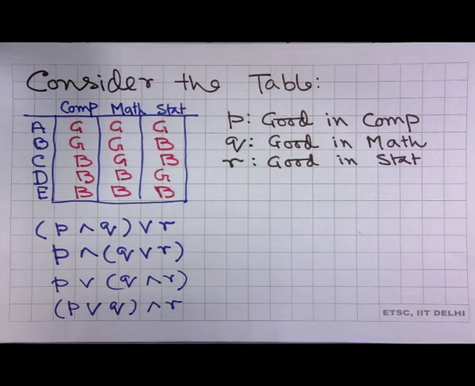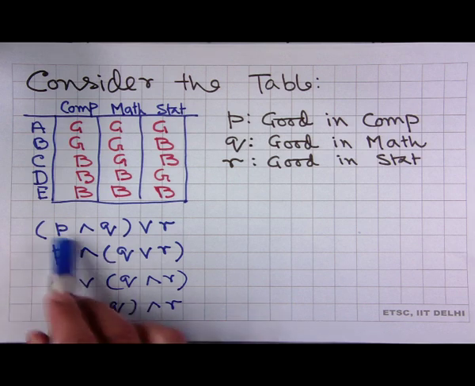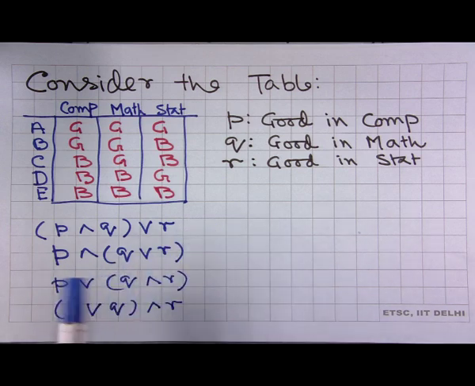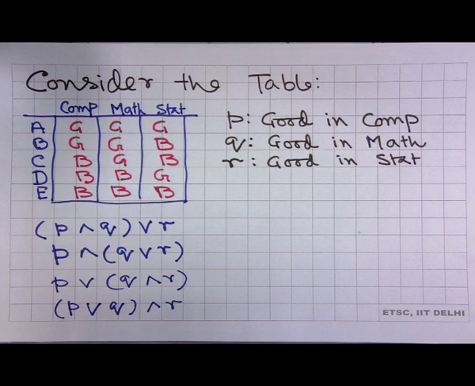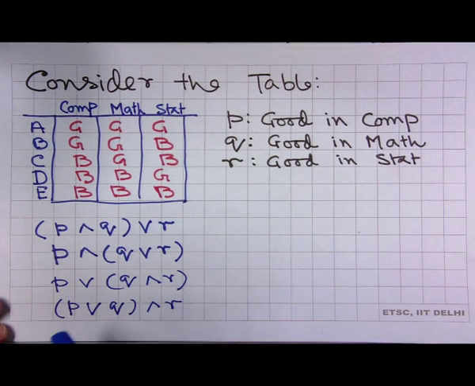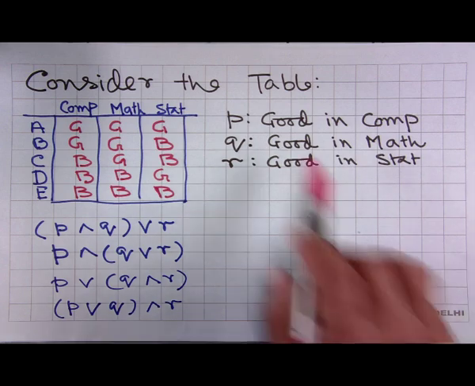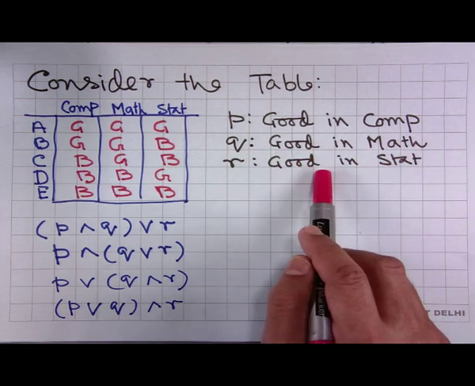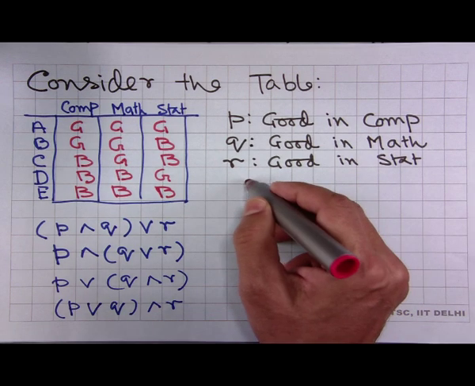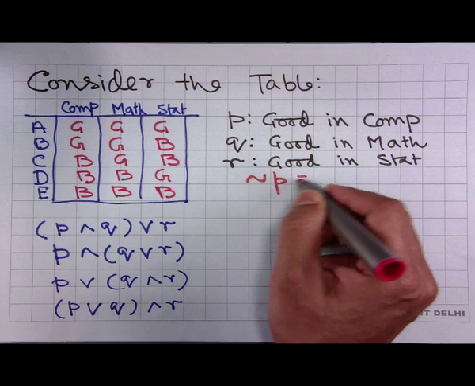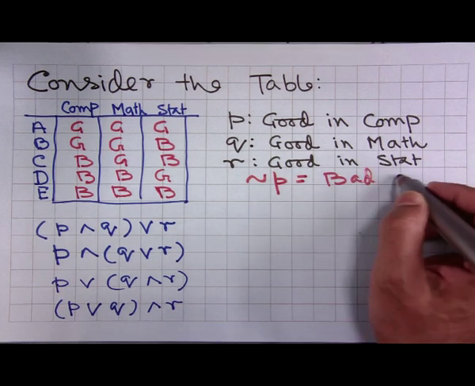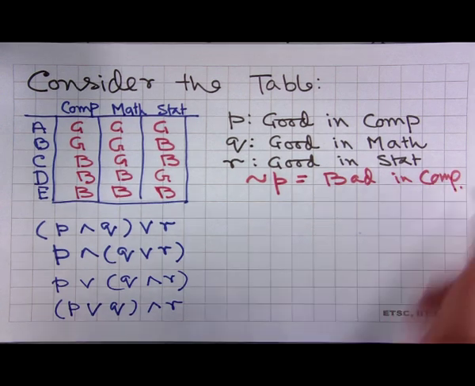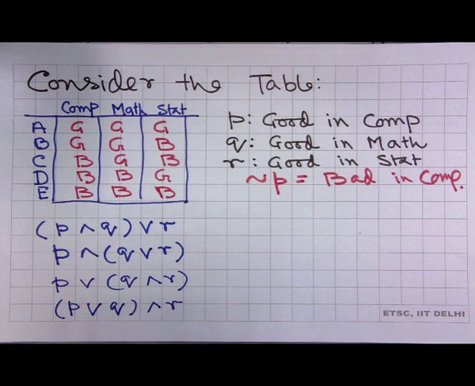We will get an idea, therefore, whether the expressions that I have given, P and (Q or R), is equivalent to (P and Q) or R or not, or in a similar way, if P or (Q and R) is the same as (P or Q) and R, where by P we mean good in computer science, Q good in maths, R good in statistics, and of course, not P implies bad in computer science, and like that. Okay? So, let us start.